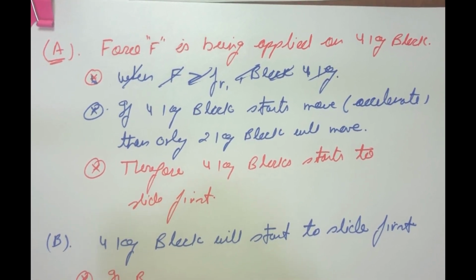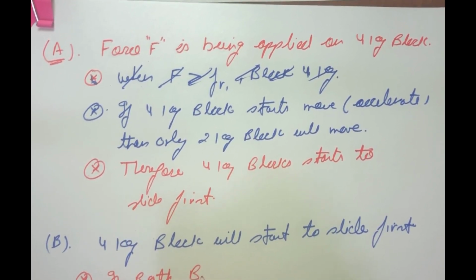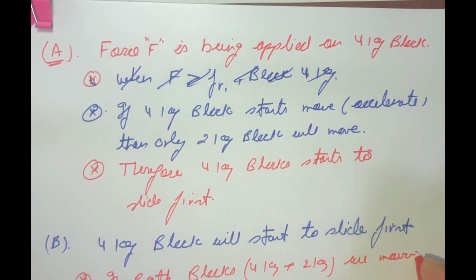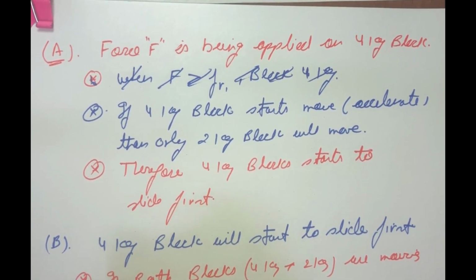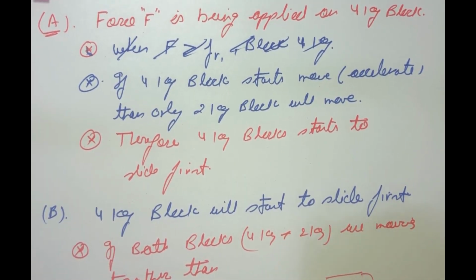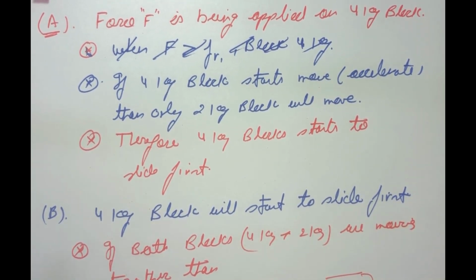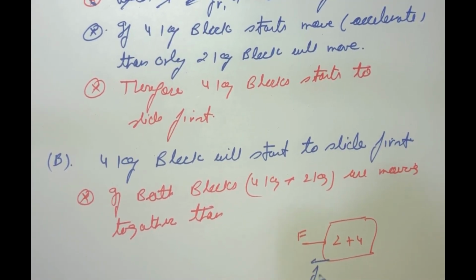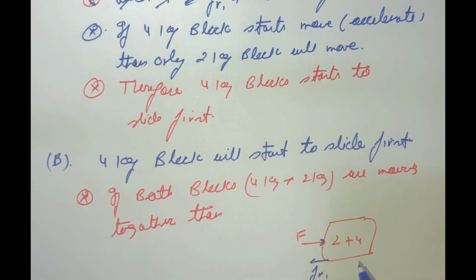So we can also say from here, if both blocks, 4 kg and 2 kg, are moving together, then we have this 2 plus 4 kg, and force F is being applied on it, and there will be a frictional force FR1 acting on it.